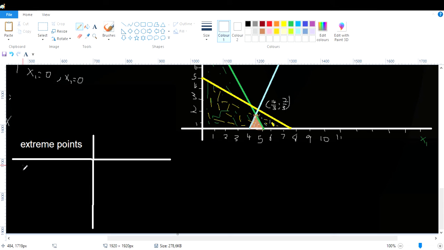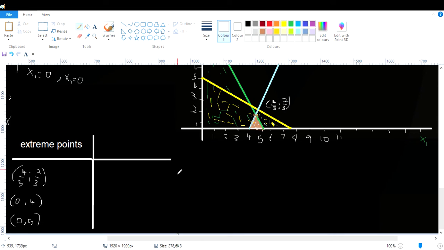The first one is this intersection, which is 14/3 and 2/3. Then here is 0 and 4, then here is 0 and 5.